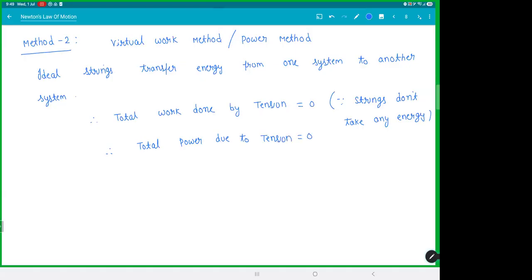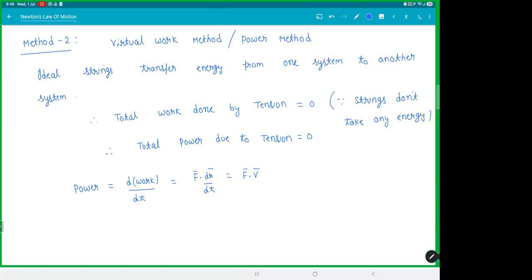So we need to know a little about power. Power is simply work by time, so rate of change of work. And work done is simply F bar dot dr bar, and dr by dt is v bar, so power is F bar dot v bar. So know the formula.